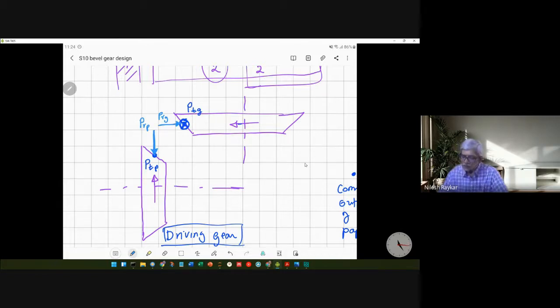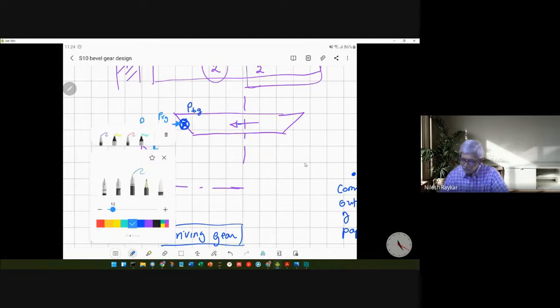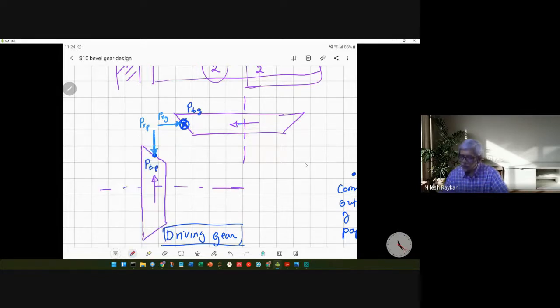And now let's talk about the axial force, which is important, in the sense that the axial force is the one which requires some understanding. There are two ways of finding out the direction of the axial force. One guideline is that the axial force acts in such a direction so as to separate the two teeth away from each other.